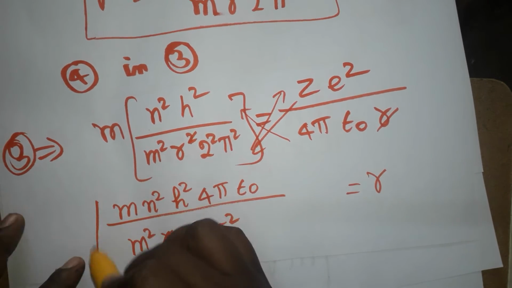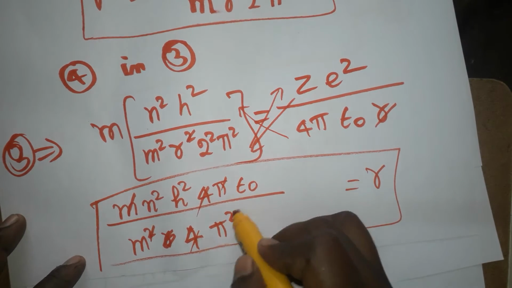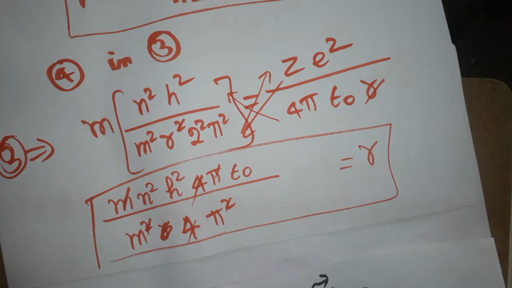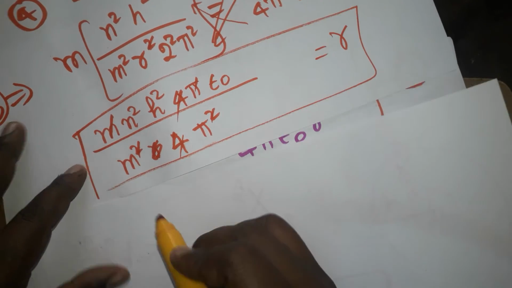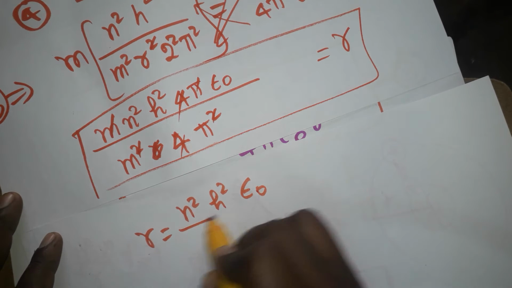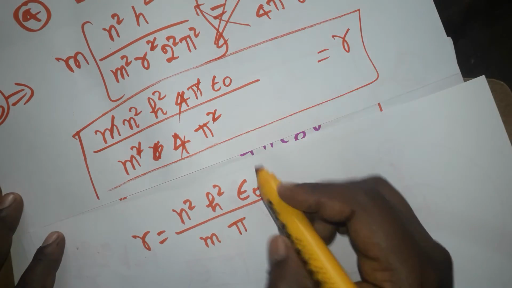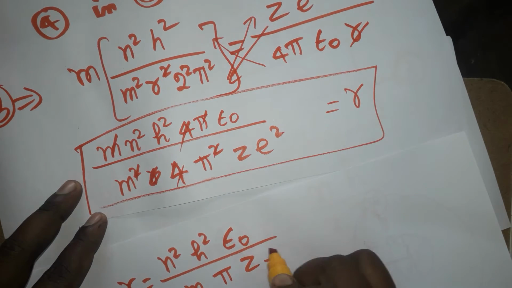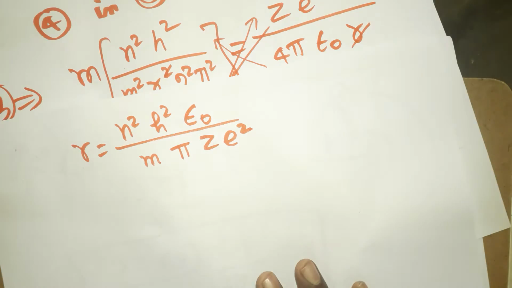Now I got what is the r. So m gets cancelled, 4 gets cancelled, pi gets cancelled. See here what I will get finally. The final equation is r equal to n square h square epsilon naught divided by pi m, and Ze square will come in the denominator. This is what I will get as the radius.